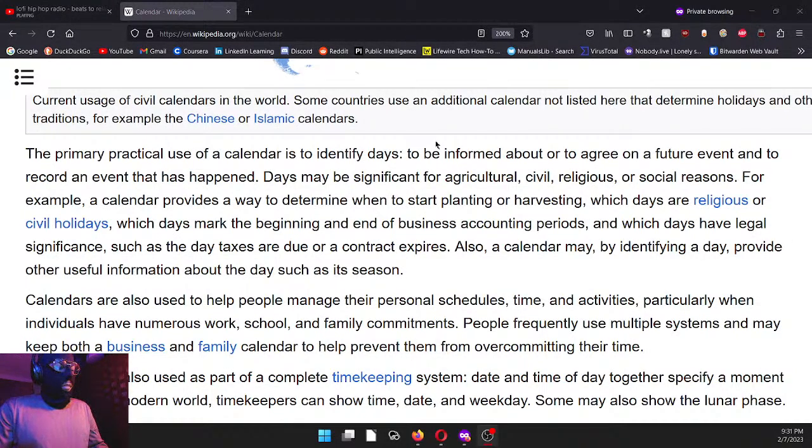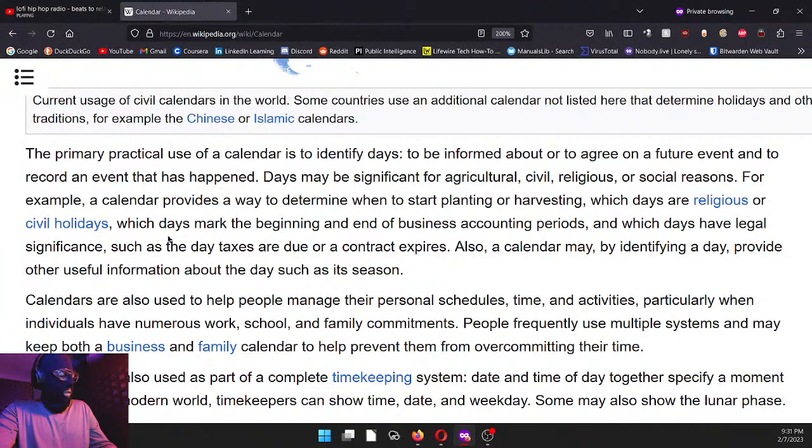The primary practical use of a calendar is to identify dates, to be informed about or to agree on a future event, and to record any event that has happened. So, skimming through all this, agricultural, civil, religious, or social reasons are why calendars are used, along with recording things like planting, harvesting, religious and civil holidays.